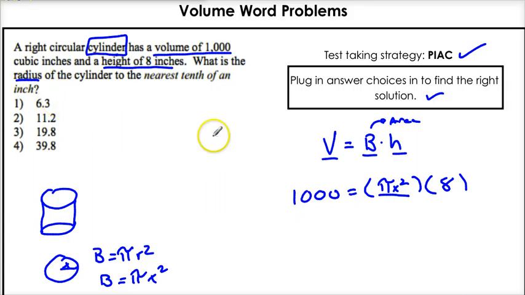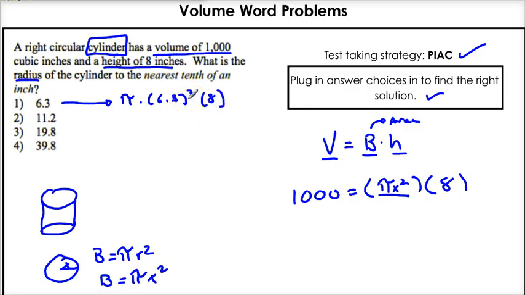All right, so for our 6.3, we're going to do pi times 6.3 squared times 8. All right, let me rewrite that to make it a little cleaner. So our first answer choice, we're going to plug in for x, and that's pi times 6.3 squared times 8.